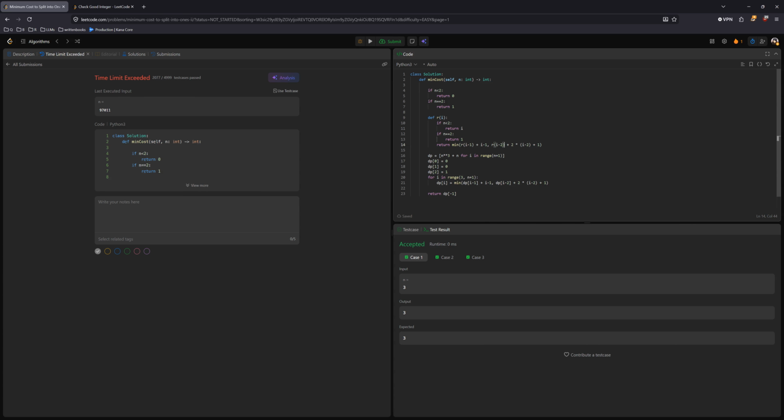If this doesn't work, I'm looking at a solution. Okay, we don't store anything. There's no array, there's no memoization. Return R.